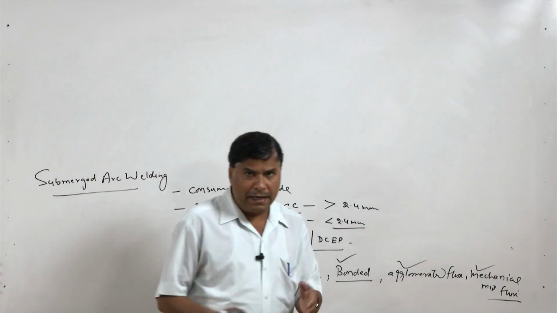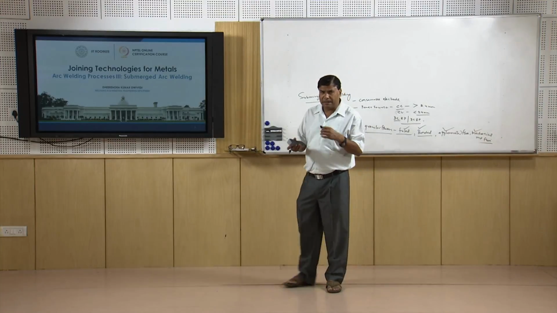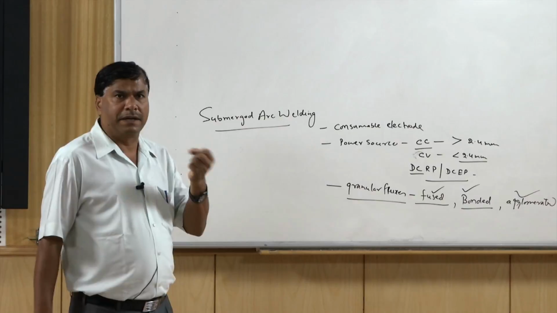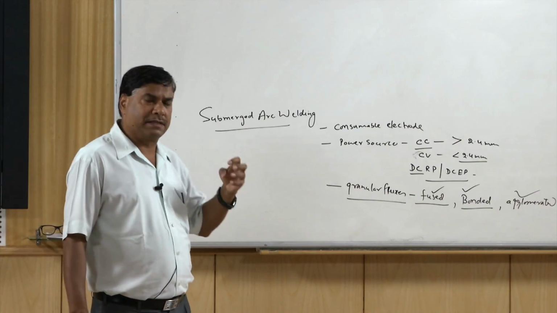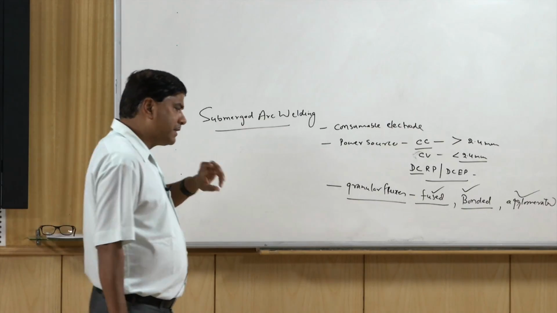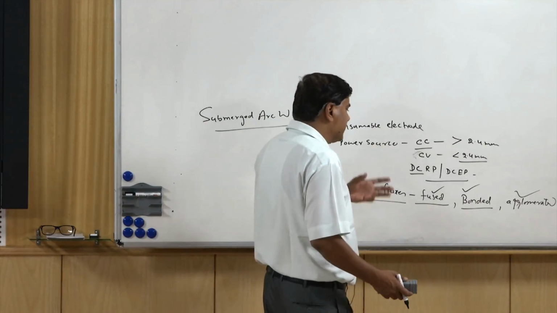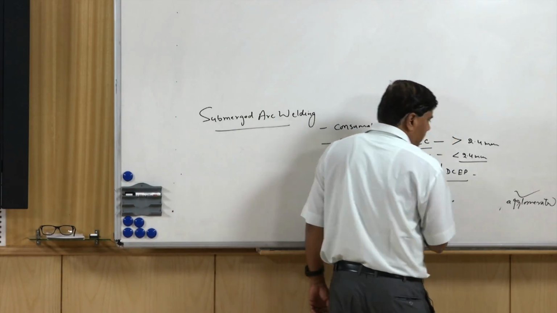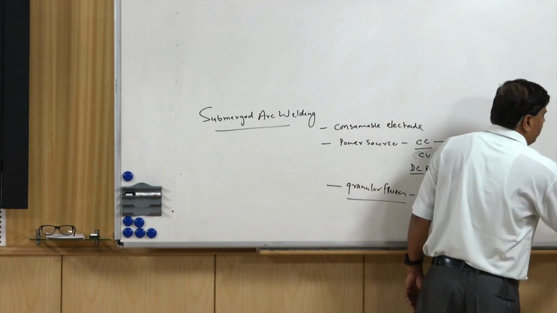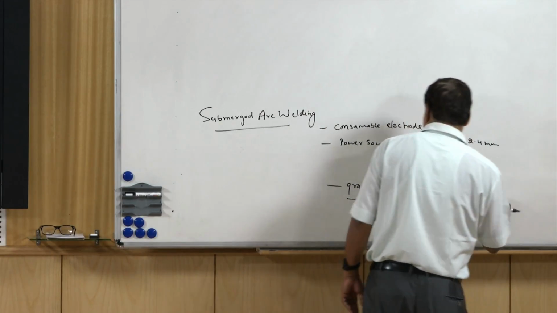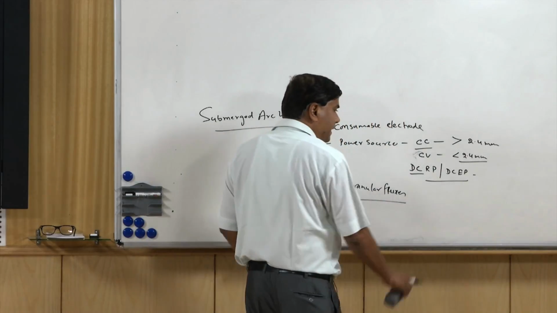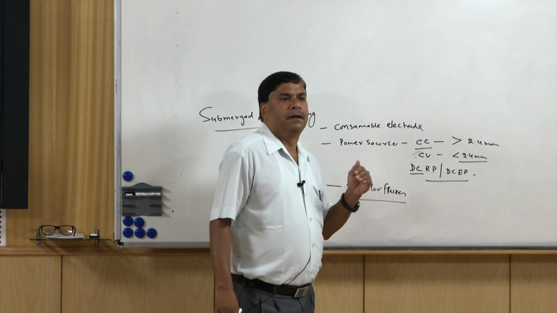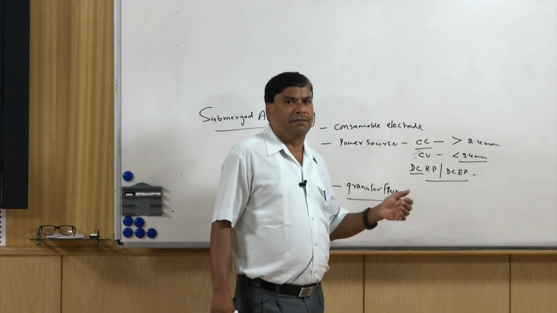In case of the mechanical types of the fluxes, different flux constituents are brought together and mixed in the ratio whatever we want. That allows us to have a lot of variety with respect to the fluxes, but there is a lot of segregation tendency in the mechanical mixed fluxes, where some of the constituents tend to segregate, which will lead to varying performance, changing the characteristics of the fluxes.